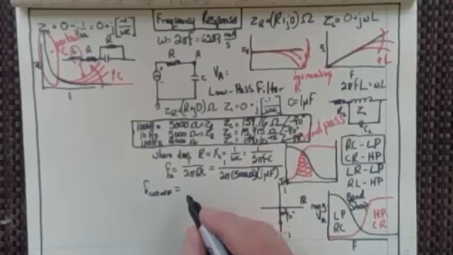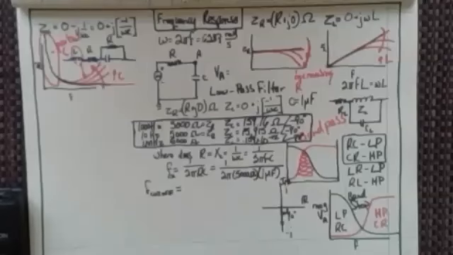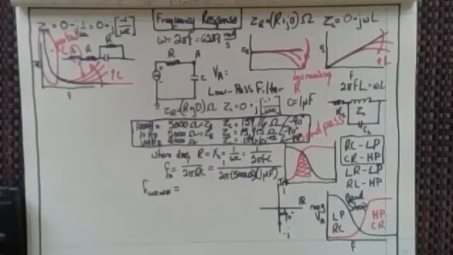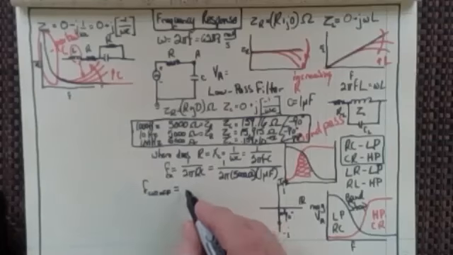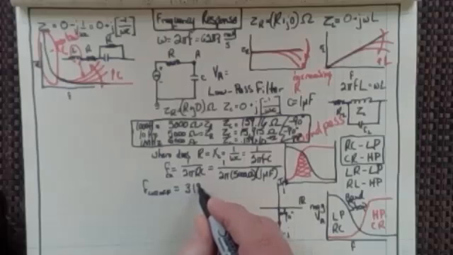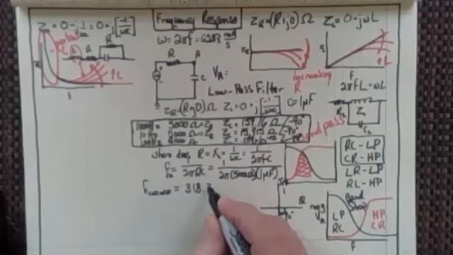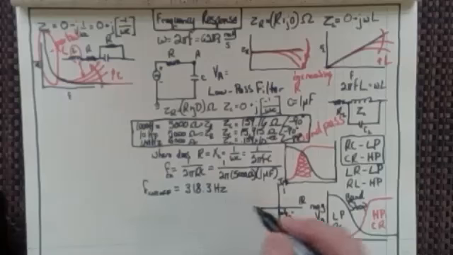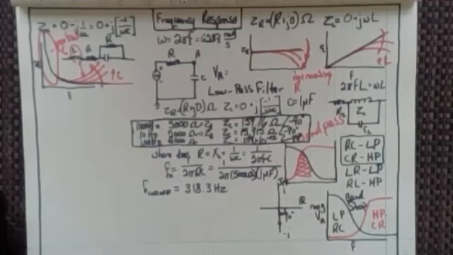Well, that can't be right. Oh, I forgot to take the 1 over. I'm sorry. There you go. Cutoff frequency is 318.3 hertz. That's our cutoff frequency.